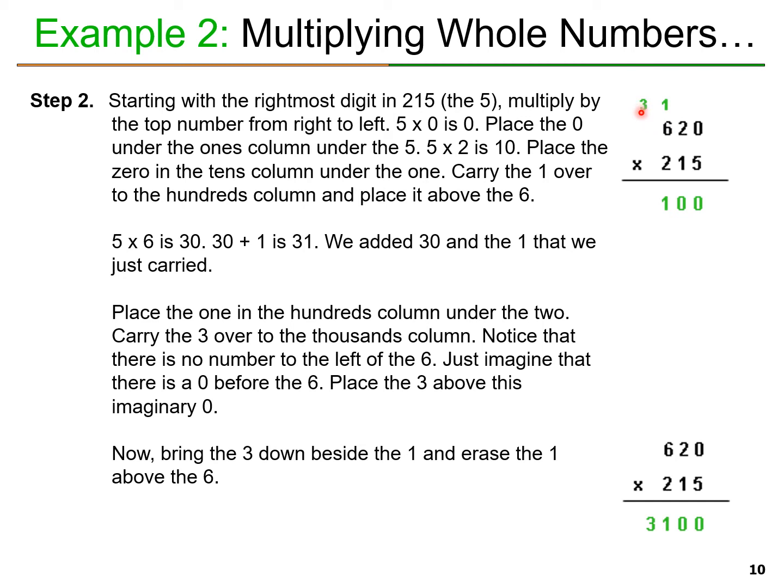Now notice that there is no number to the left of 6. So just imagine that there is a 0 to the left of this 6. So we place the 3 above this imaginary 0. So let's go ahead and just write a 0 there. And we can also put 1 in front of the 2 here so that we know that we are dealing with the thousands column.